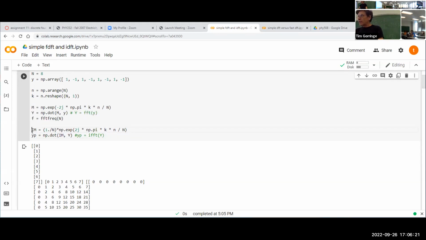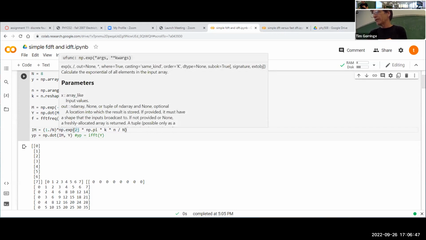So these last two lines are where I'm going in the reverse direction. I've got the matrix that represents the transformation from the frequency domain to the time domain. The only differences are, look, here's that normalization factor, 1/n. I've included that. And in the exponent, it's a positive exponent rather than a negative exponent.